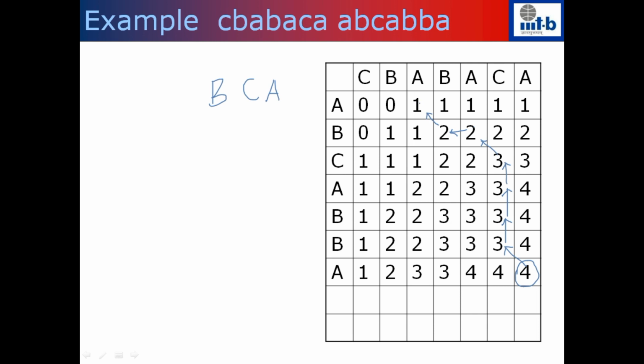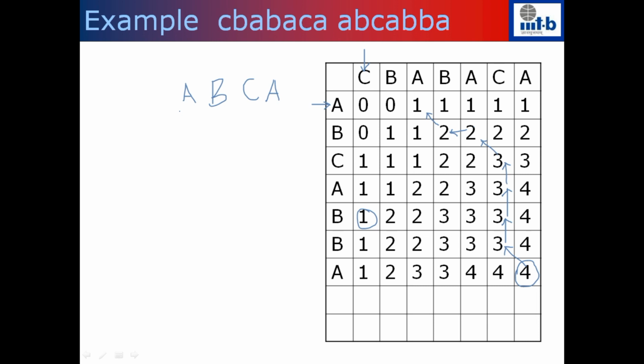So depending on whether I have come to the first row, if this is 1, then I just look at this character and report that it's a. If I had reached the first column, then we have to report the character which is corresponding to this, which is c. So we will report c only if I reach a place whose value is 1. If I reach a place whose value is 0, then we don't do anything.